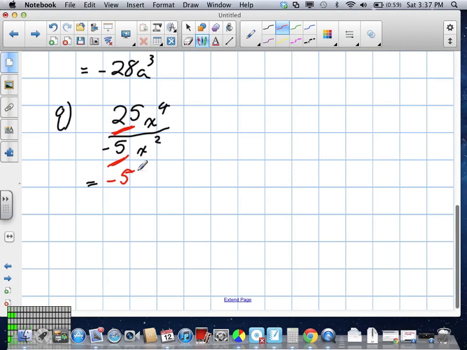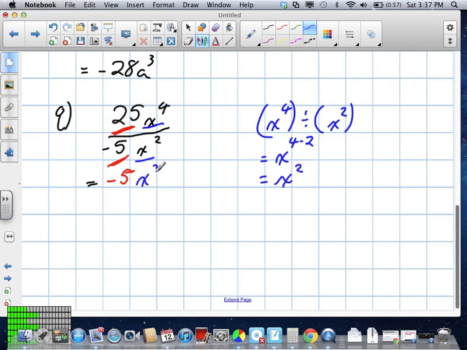So you're right, it's negative 5. And what you do here is, again, with our exponents, when we're dividing them, we take the base and we subtract the two exponents. So this will end up becoming x to the power of 2, which is exactly what you wrote. Your answer was negative 5x squared.